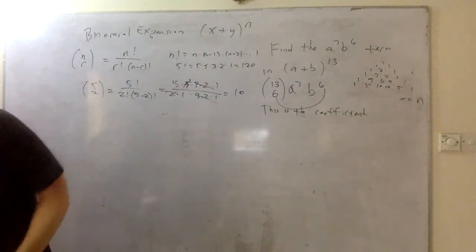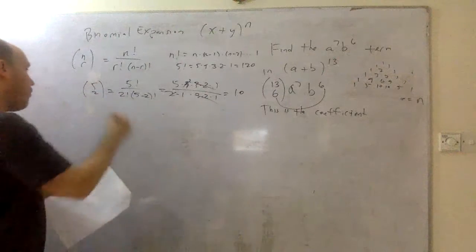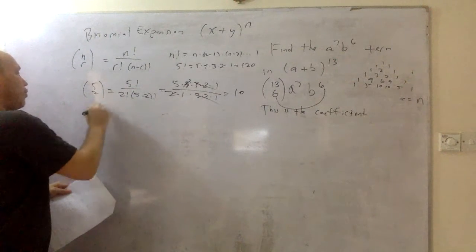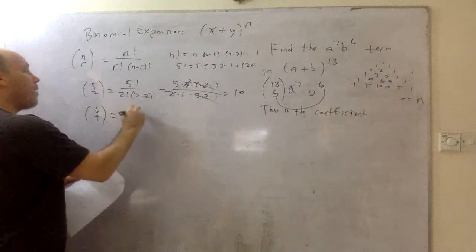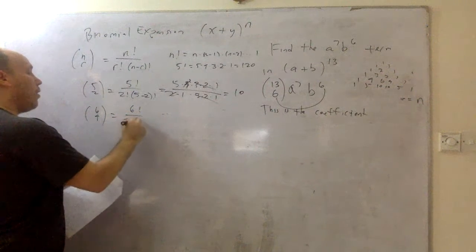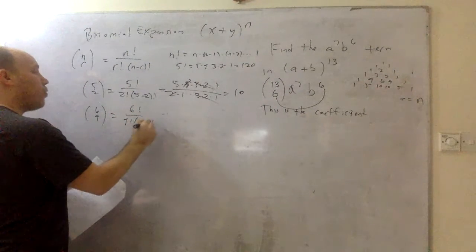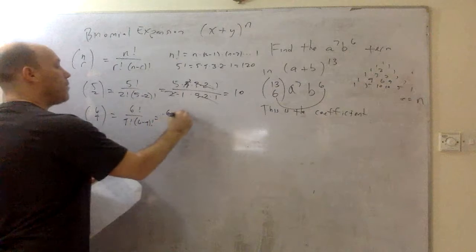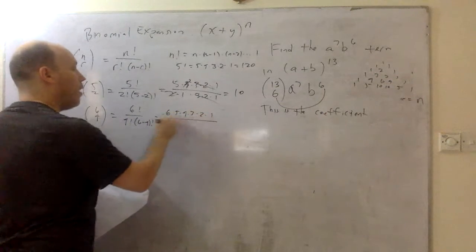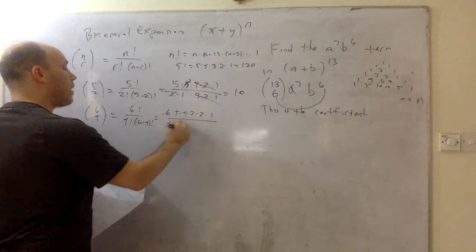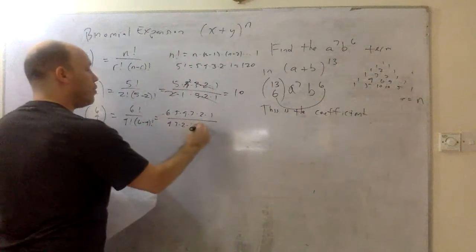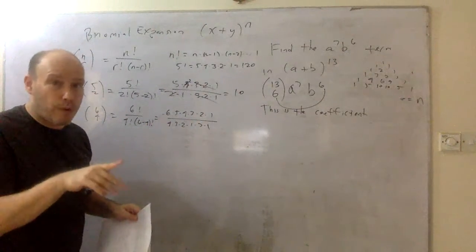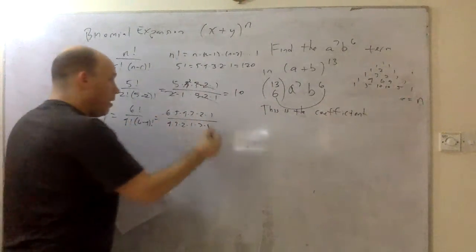Okay, let's do another example. How about 6 choose 4? 6 choose 4 is 6 factorial over 4 factorial times (6 minus 4) factorial. 6 times 5 times 4 times 3 times 2 times 1 over 4 times 3 times 2 times 1 times 2 times 1. Once again, put it in the calculator or do this quickly.